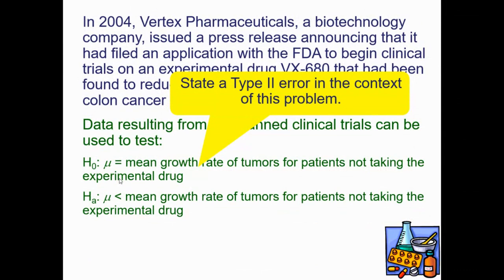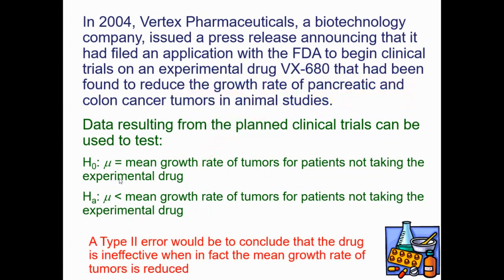The medicine works, but they still aren't convinced that it works. That's right. So they'll conclude the drug is ineffective, but really it works. It's doing what it's supposed to.